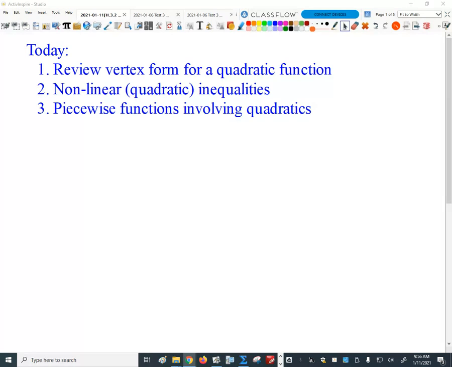We can do translations horizontally and vertically. We can do reflections, right? And we can do vertical dilations as well.